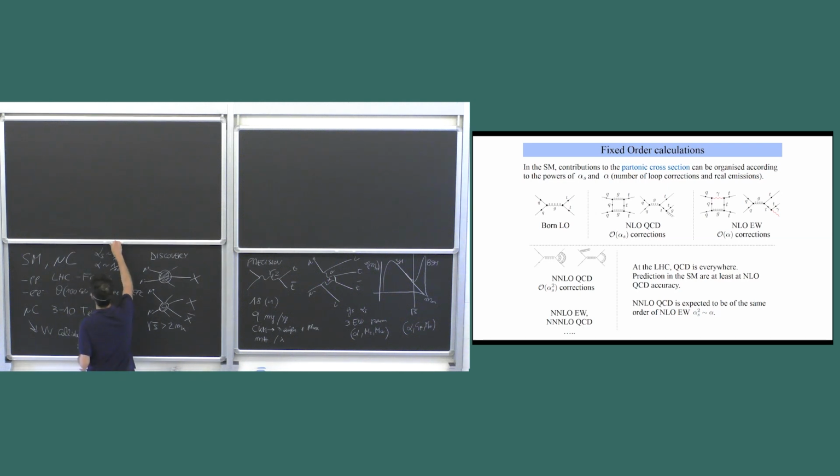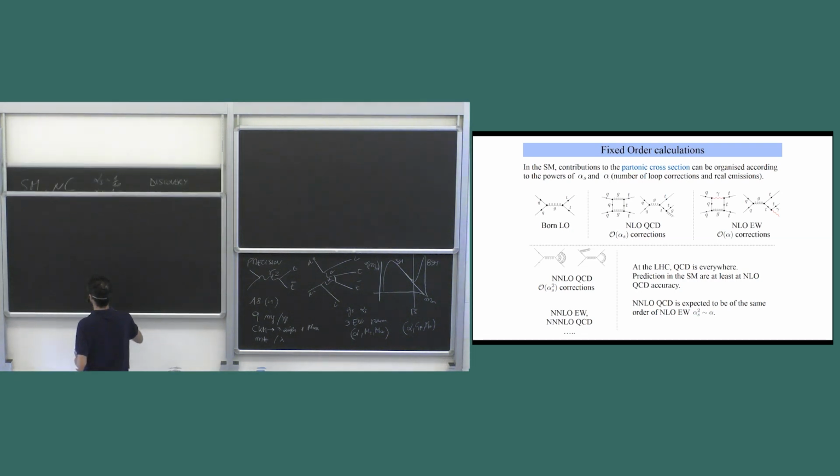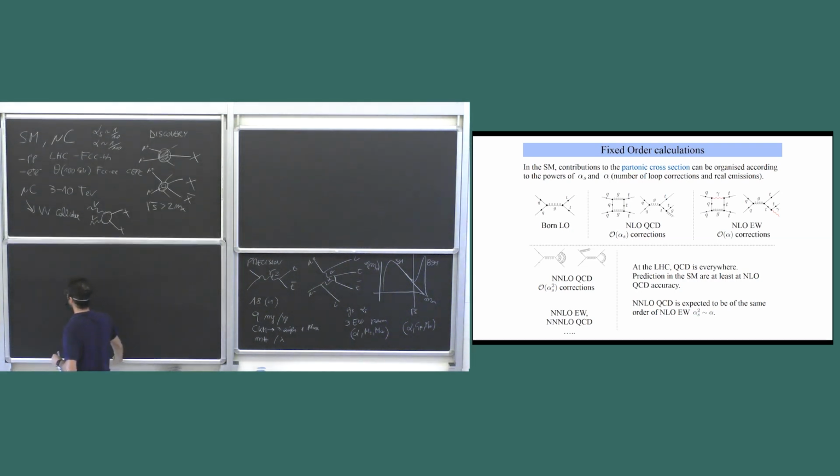Well, actually, what is happening is that when you calculate an NLO electroweak correction, these actually are not proportional just to alpha, okay?